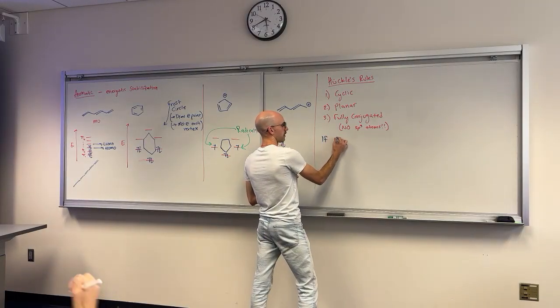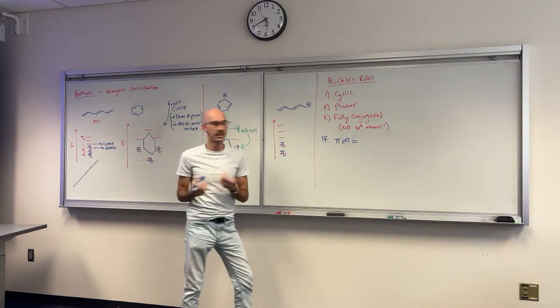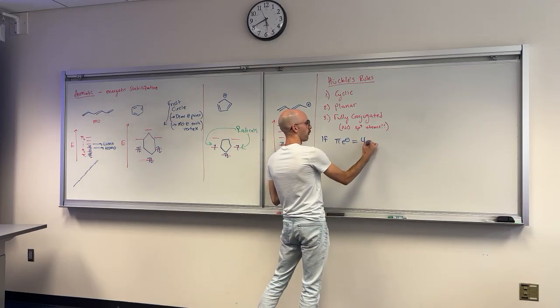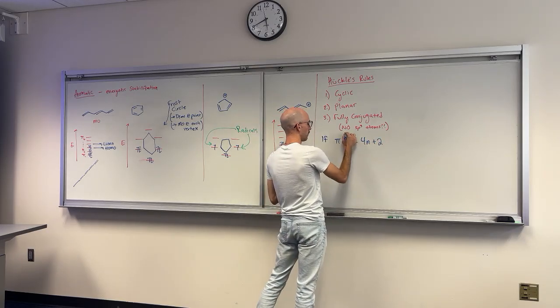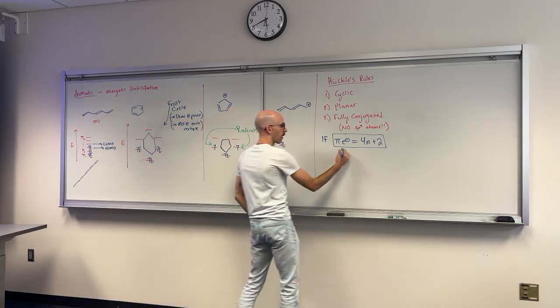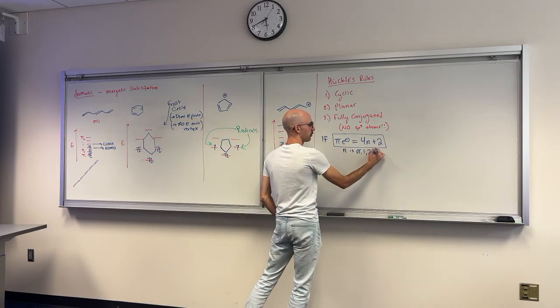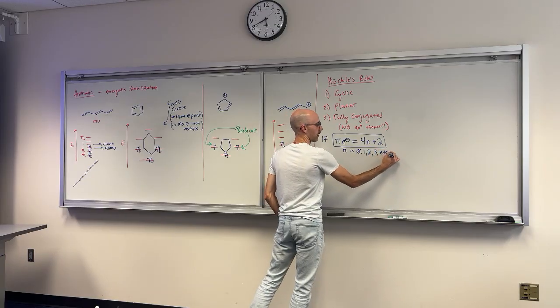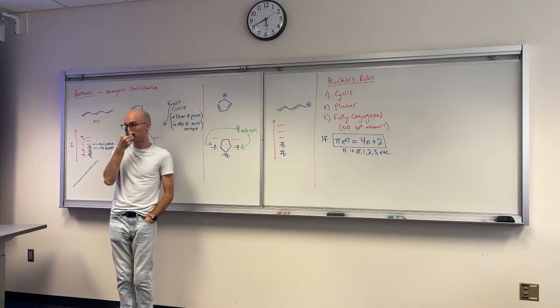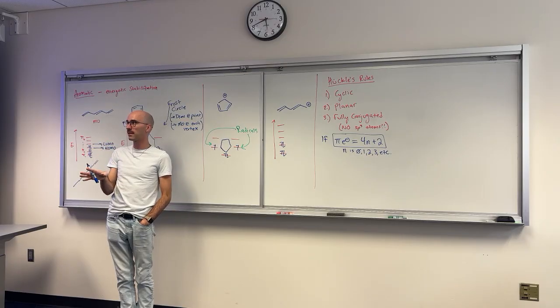If the number of pi electrons satisfies the equation 4n plus 2, where n is 0, 1, 2, 3 ad nauseum, listen, you're not actually doing math here.